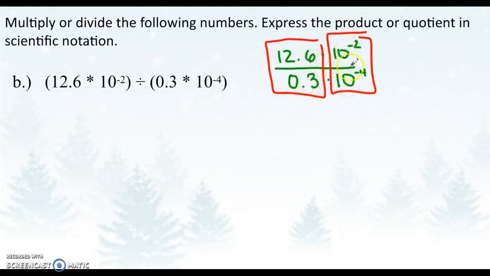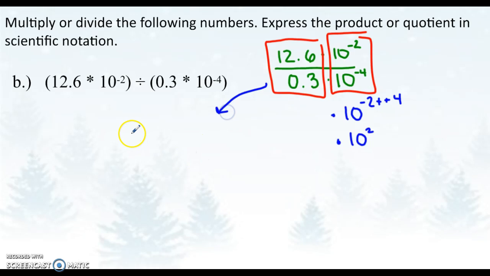If I'm dividing and they have the same base, we did top exponent minus the bottom exponent. That bottom exponent is negative 4. And hey, 2 negatives in a row, they both make a positive. So that number is 10 squared. So we've got something times 10 squared.